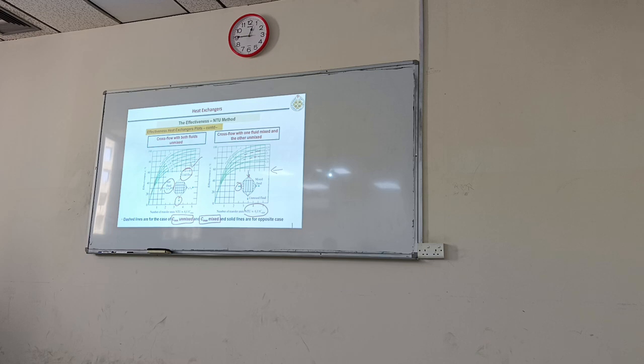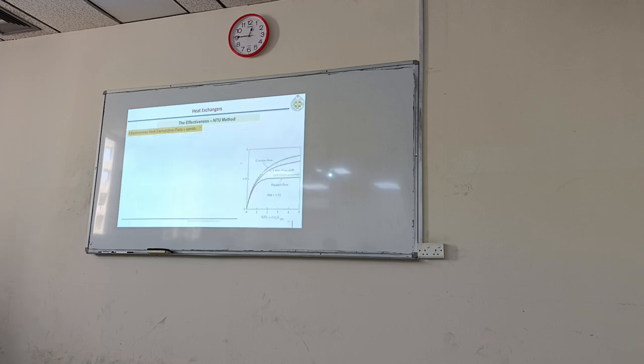Now let's discuss this in more detail. Here, for C equal to 1, parallel flow, counterflow, and cross flow with both fluids unmixed are shown separately in one graph. Now we can build our understanding of it, effectiveness as a function of NTU. One thing is clear: as NTU increases, effectiveness increases.